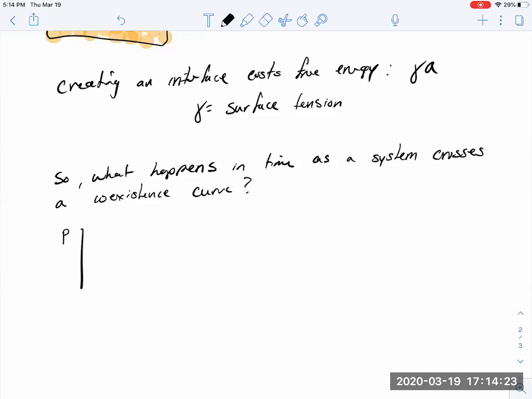So let's imagine now the pressure-temperature plane. I have my vapor and my liquid. I'm going to start in the vapor and imagine transporting myself over to the liquid. I make an abrupt change in temperature such that I go from a region of parameter space where the vapor is stable to a region of parameter space where the liquid is stable. What happens?